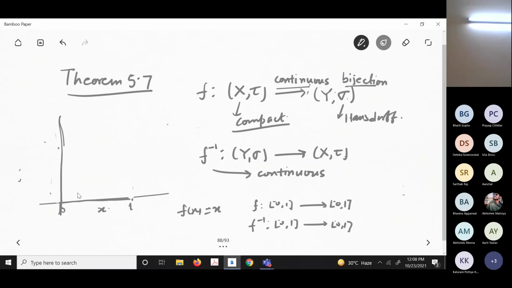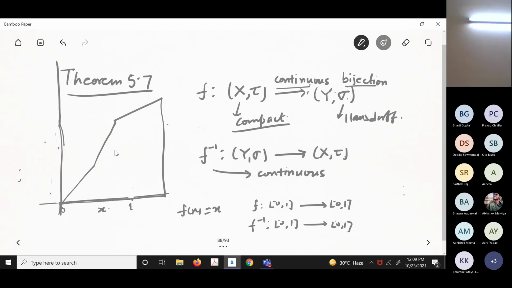This is by the Heine-Borel theorem, this is compact.